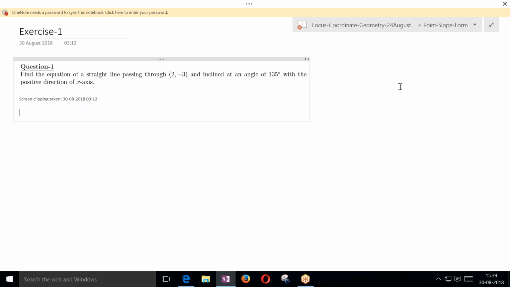So what is the equation we just learned? We just learned the equation in the point slope form: y minus y1 is equal to m into x minus x1. Now what is x1 and y1 here?